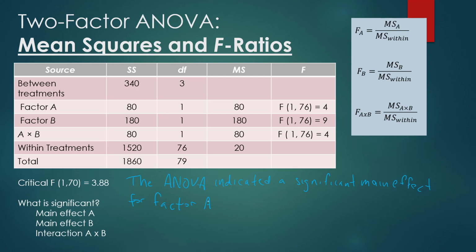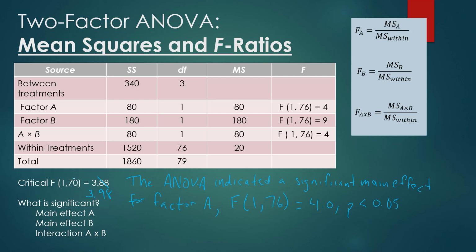Here we're just calling it factor A. Then you want to write your F statistic with your degrees of freedom. Just say it's 4.0, and was at a p of less than 0.05. Just in case anyone looked, actually this number is off. It is 3.98, with degrees of freedom of 1 and 70, and an alpha of 0.05.